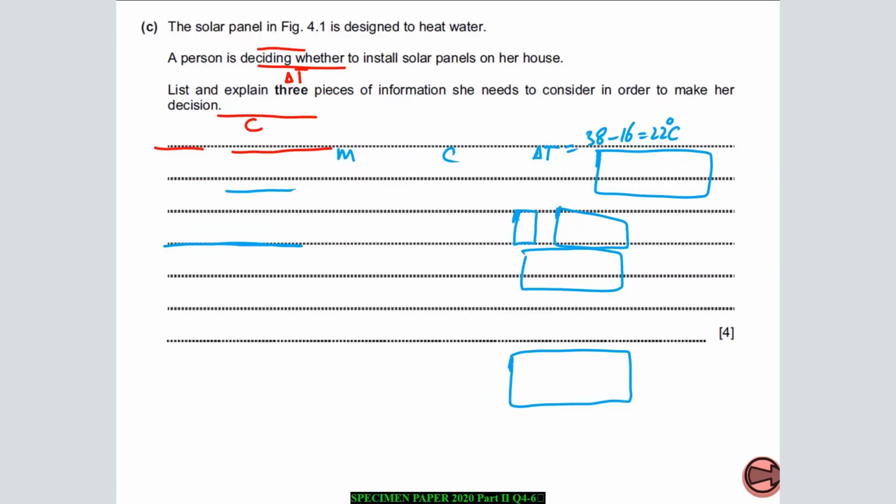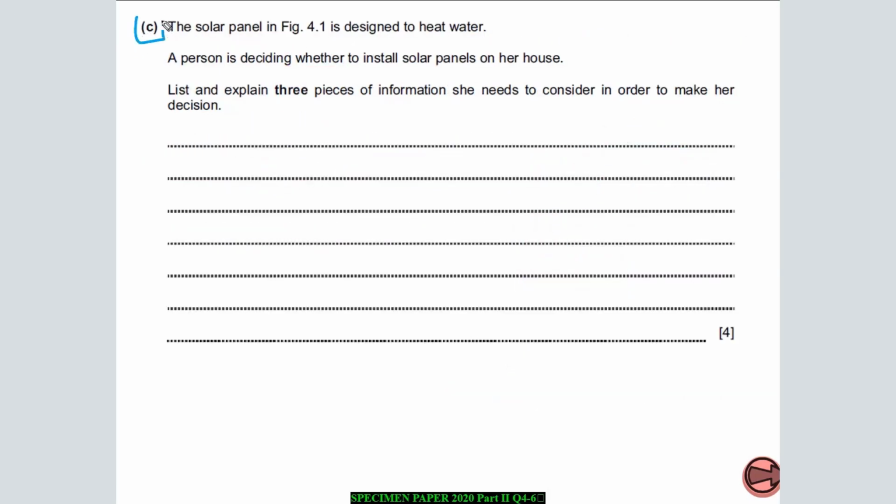Let's move on to the next one, part C. We don't need any calculations for this question. The question is asking us to list and explain 3 pieces of information she needs to consider in order to make her decision. We need to help this person so she can decide easily.